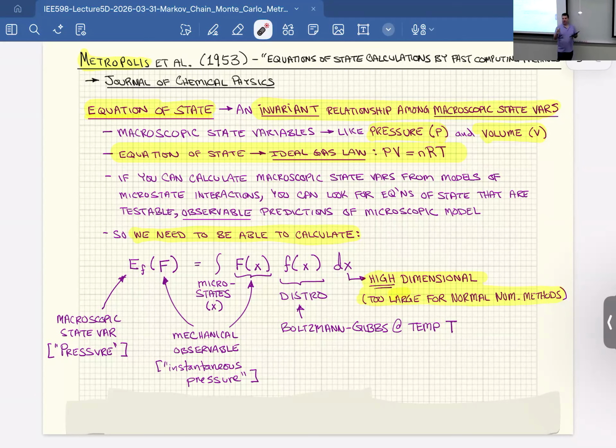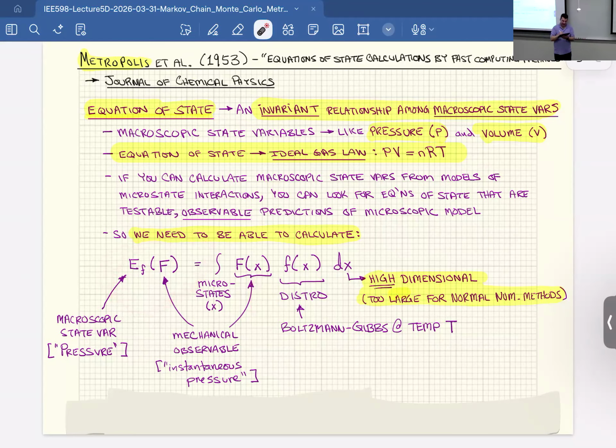But we don't experience pressure at an instant of time. We experience pressure across an ensemble of time. And so we feel pressure, and pressure exists over long periods of time, although the microstates are changing among them. So we feel the average, even though it exists at the instant. So we're trying to estimate the average from a bunch of these instants.